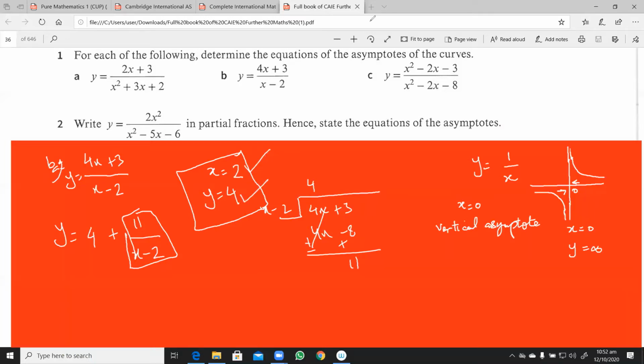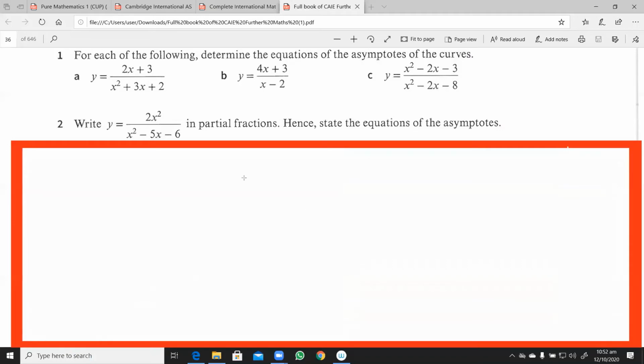Now let's look at part A. If you look at this clearly, you can see that its denominator can be factorized. So this is y is equal to 2x plus 3 over x plus 1 into x plus 2.